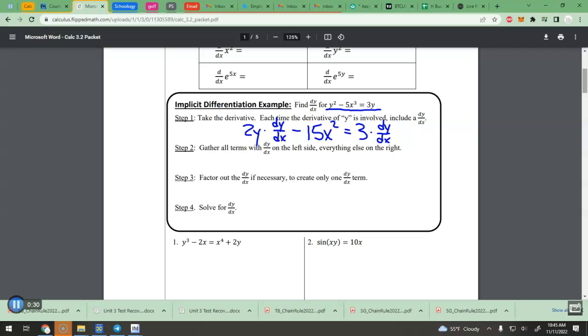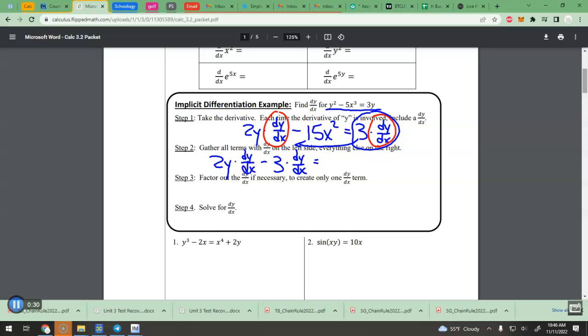So from here, it just becomes a big algebra problem. dy dx is the variable that you want to solve for. So I'm just going to do algebra and solve for it. I'm going to get all the dy dx's on one side and everything else on the other side. So 2y times dy dx. I'm going to bring that piece over. So this 3 times dy dx comes to the left, but it has to be negative, right?